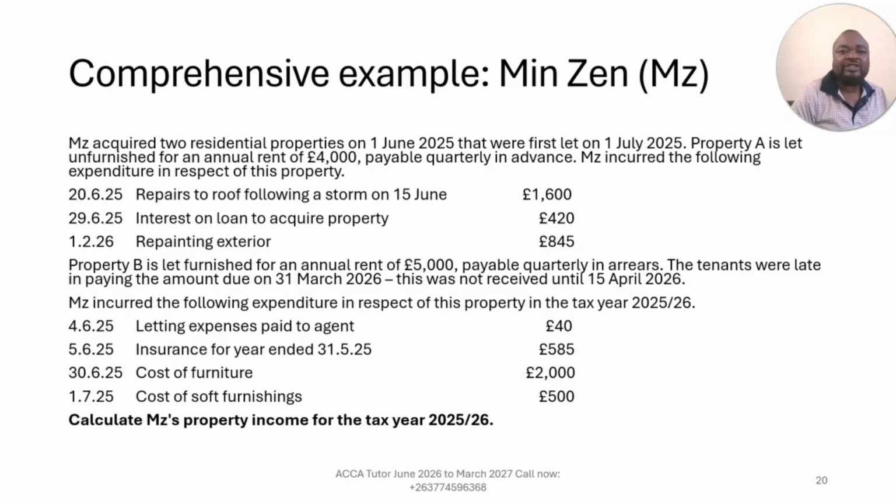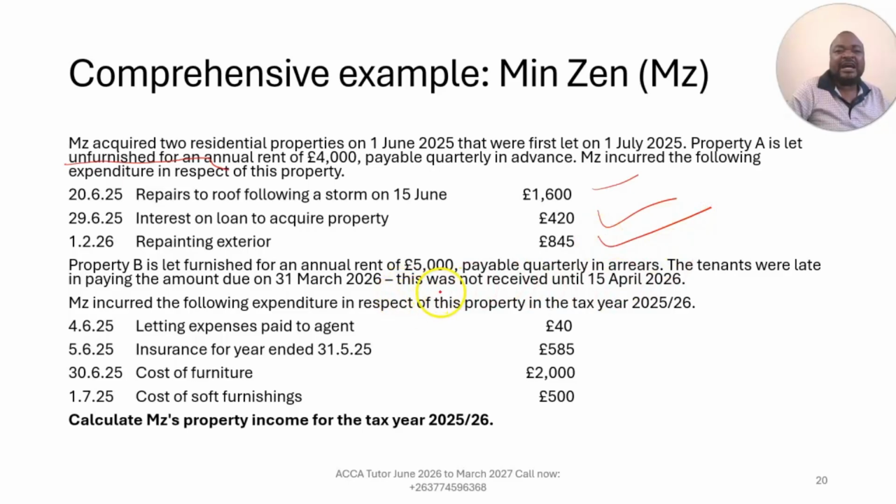MZ acquired 2 residential properties on 1 June 2025 that were first let on 1 July 2025. Property A is let unfurnished for an annual rent of £4,000 payable quarterly in advance. MZ incurred the following expenditure in respect of this property: repairs to the roof following a storm on 15 June, £1,600; interest on loan to acquire property, £120; repainting exterior, £845.